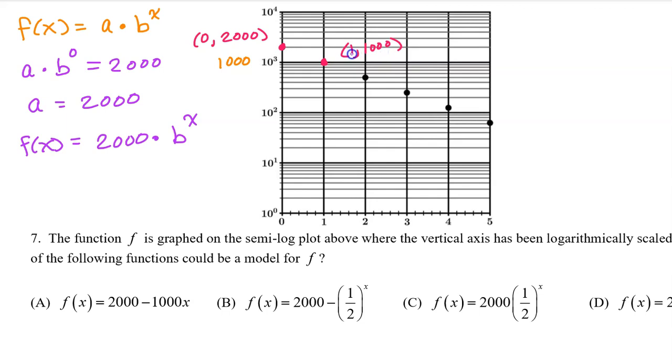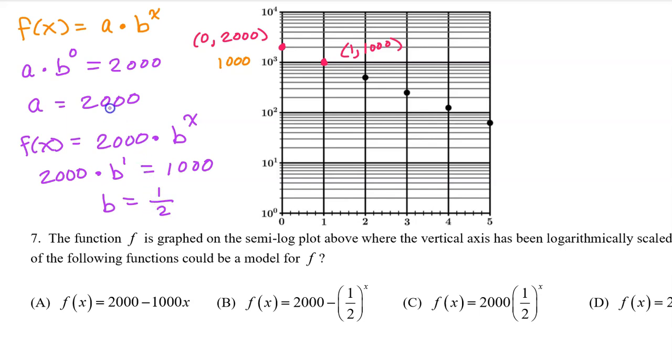To find the value of b, let's use the other point. If we plug in the input value of 1 for x, we should get an output value of 1000. So, plugging in the 1, we have 2000 times b to the 1 power, and that will equal the output value of 1000. Of course, b to the 1 power is just b, and dividing both sides by 2000, we would have 1000 over 2000, which will quickly reduce to 1 over 2.